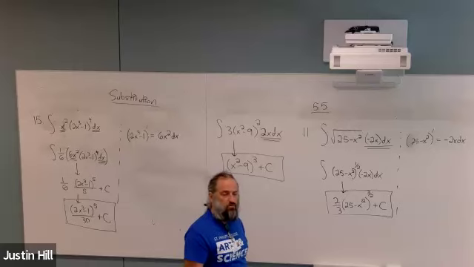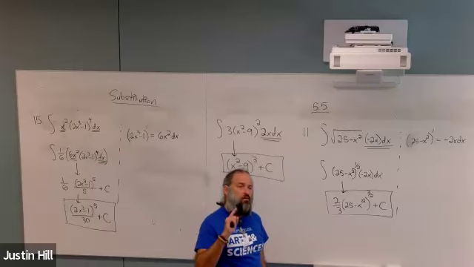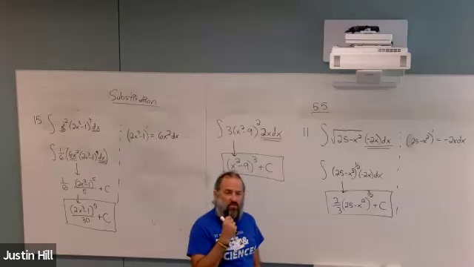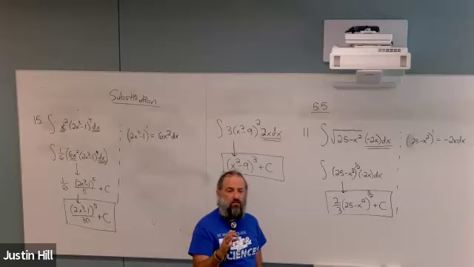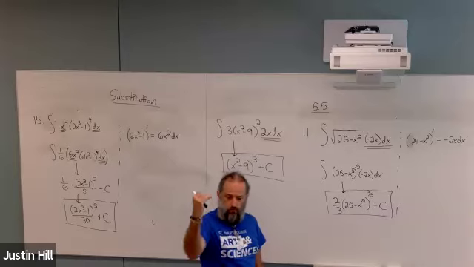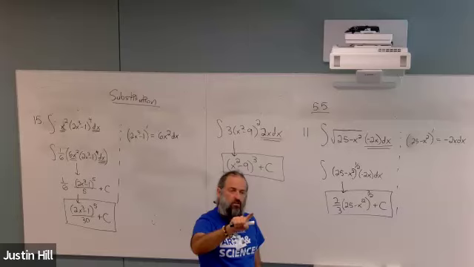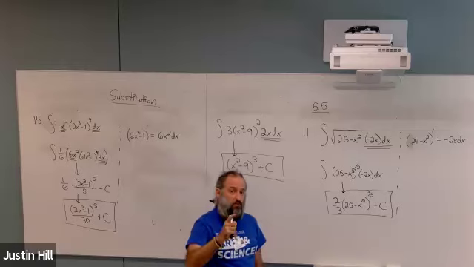One way to think about that is, in Cal 1, if you took the derivative of a function, you got an answer. Then if you started with the original function and multiplied by another function, you couldn't just multiply the new function by the old derivative. You had to do the product rule.